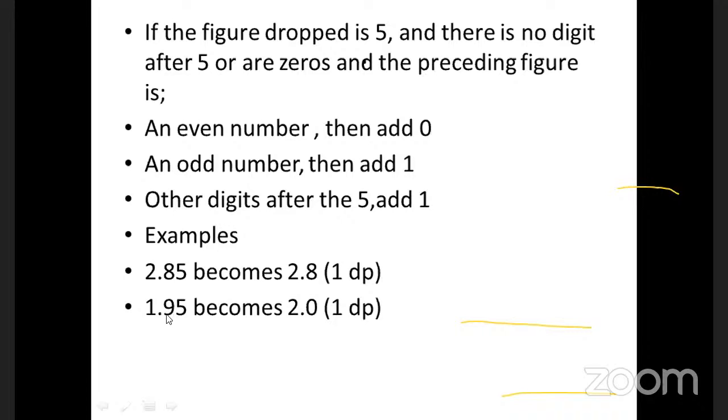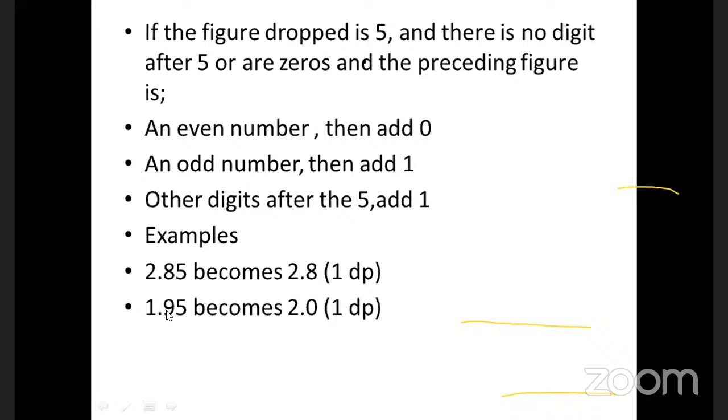The preceding digit is the figure in the required number of decimal places we are to work out our answer. So because here we're to work out our answer to one decimal place, we have 9 and the digit to be dropped is 5. So 9 is an odd number.